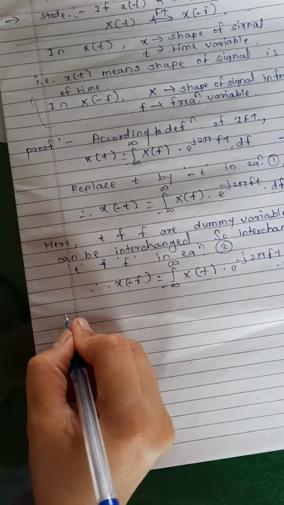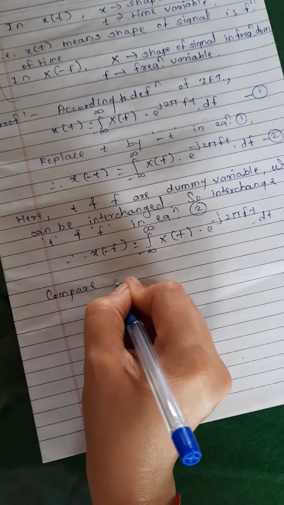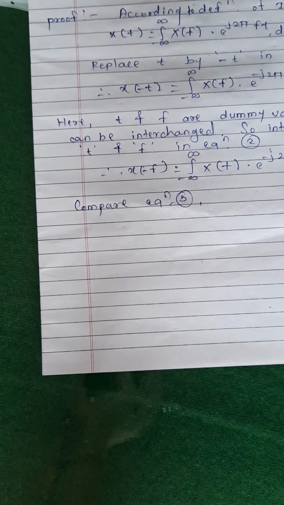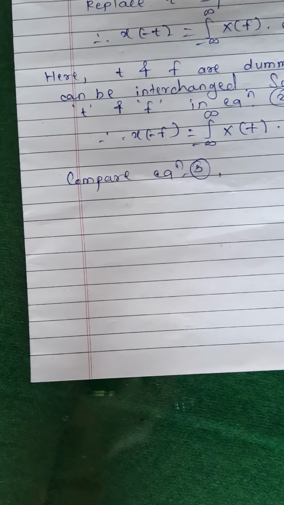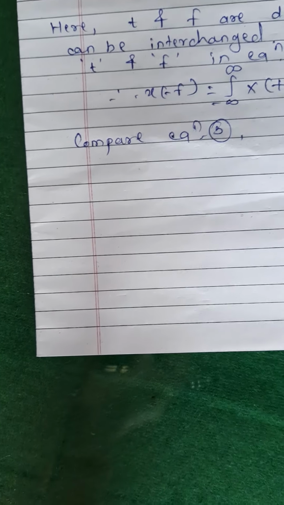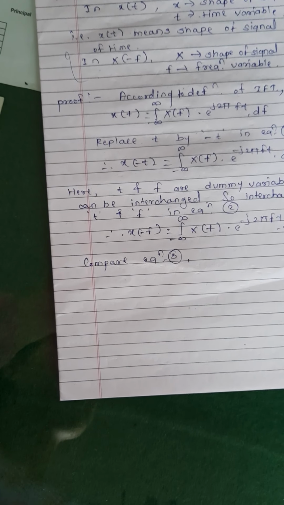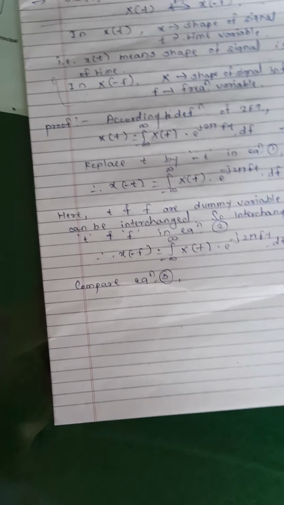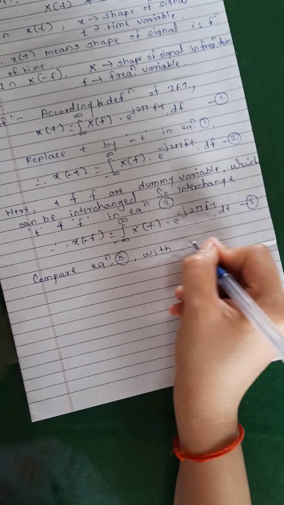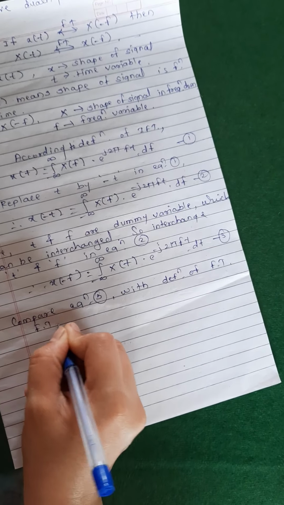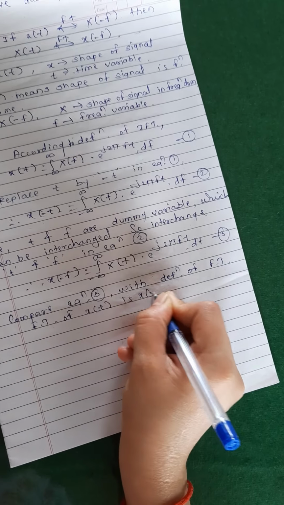We can say the Fourier transform of X of t is x of minus f.